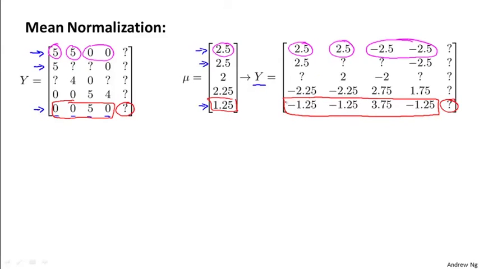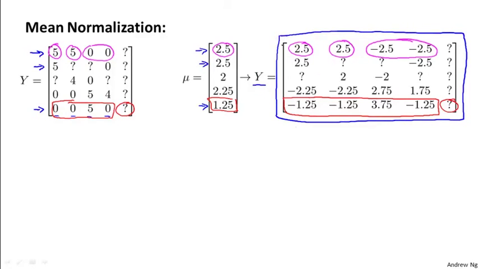What I'm going to do then is take this set of ratings and use it with my collaborative filtering algorithm. I'm going to pretend that these were the actual ratings I had gotten from the users, and use this as my data set with which to learn my parameters theta j and my features xi from these mean normalized movie ratings.